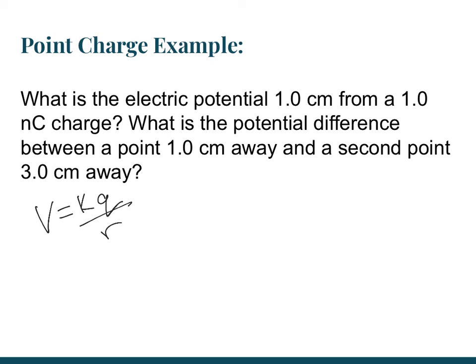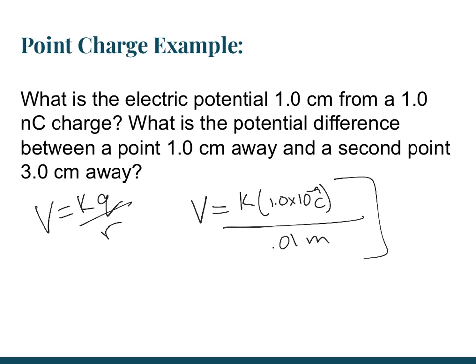So it's pretty simple. Potential, V, equals K. I'm going to leave it in terms of K. Times Q, 1.0 times 10 to the negative 9th, and that's coulombs, over R. 1 centimeter is 0.01 meters. So your potential is whatever that number is.